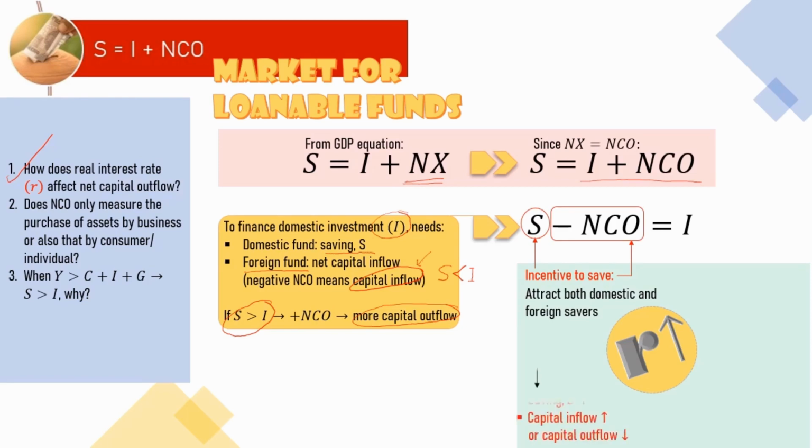So, a higher interest rate will increase saving and capital inflow. More capital inflow means less net capital outflow. On the other hand, for investors, interest rate is the cost of borrowing. It is a disincentive to invest. So a higher interest rate means a higher cost of borrowing, reducing the level of investment.